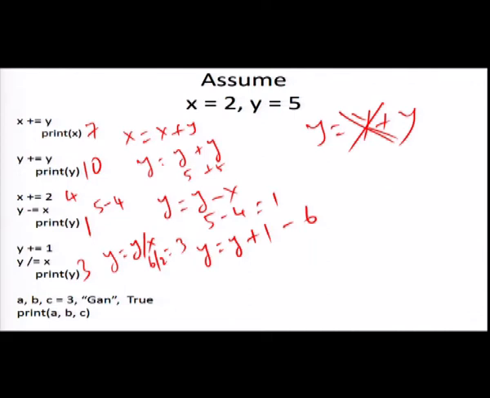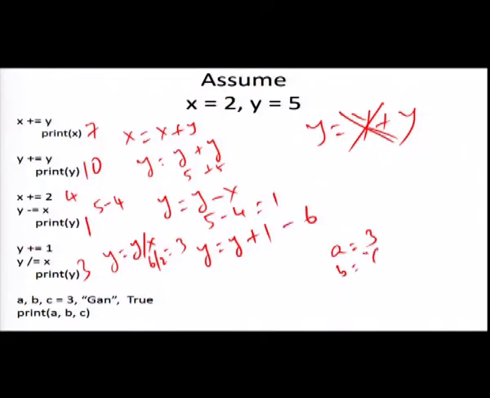Now let us assume, as you have seen in the previous episodes, exclusively in Python language, multiple variables can be assigned in a single statement. Multiple assignments are possible in a single statement. In all other languages, you would have written it as a equal to 3, b equal to a string called gan, c equal to a boolean variable called true.